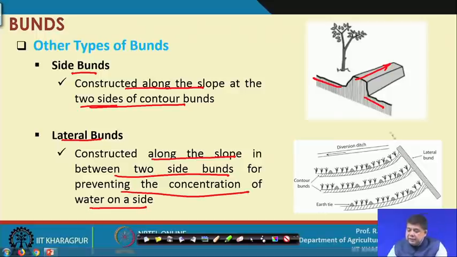If you join together all the side bunds all along the length of the field, then it is referred to as a lateral bund. The idea is that no water should be allowed to flow in this direction, because there is a bund here.